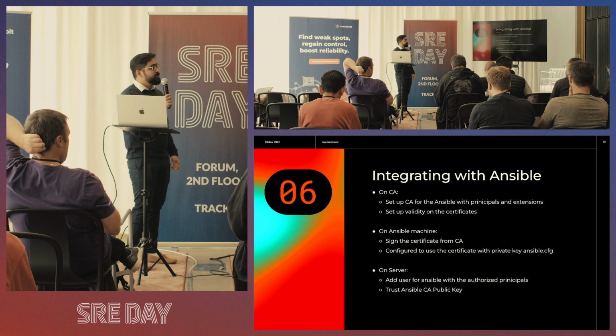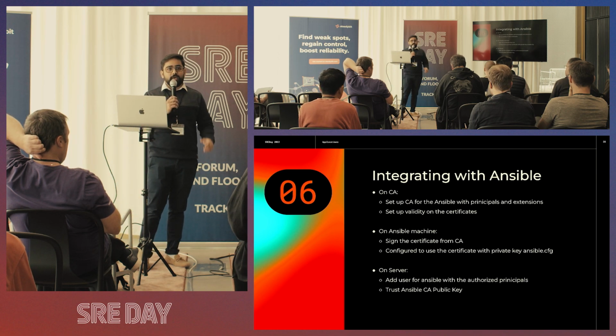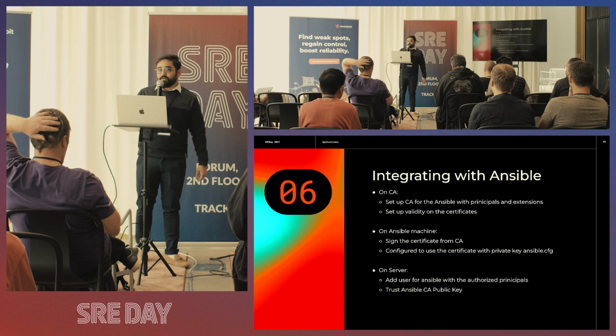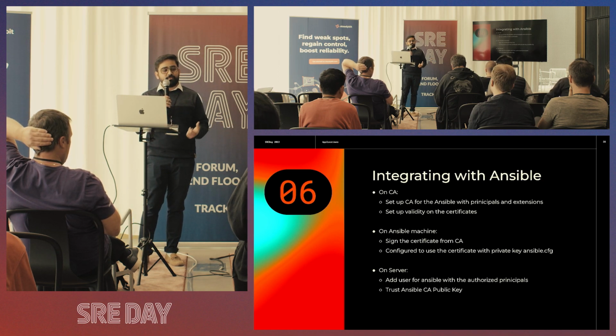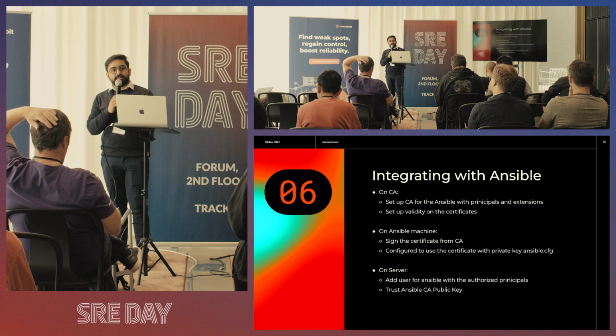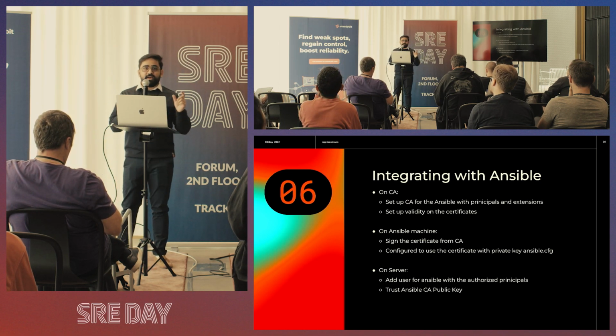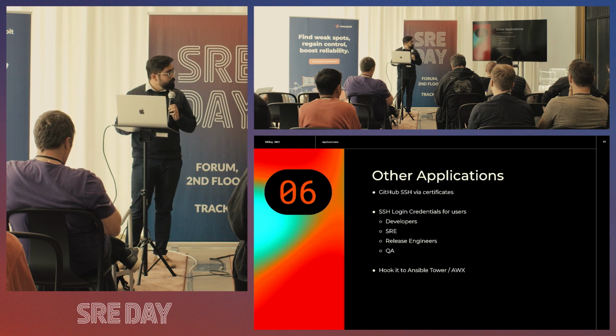And they will have certain principals, so it means not everyone can use those certificates. You can also restrict controls. For example, if the IP address of the Ansible control machine is something, we can also tie the certificate to that. Those certificates are then only valid from that specific IP address.